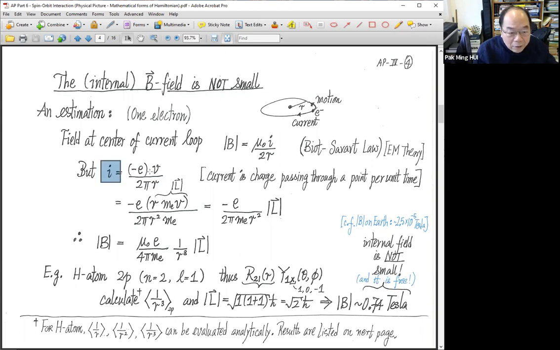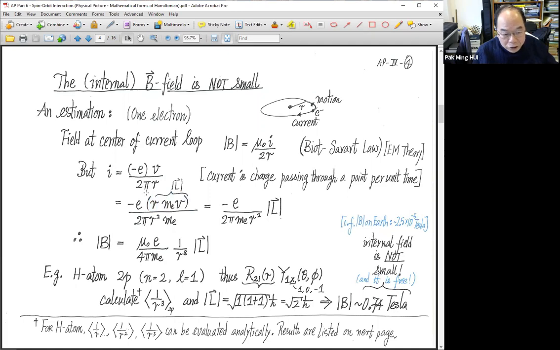Okay? We multiply by r divided by r, so r squared over r is 1, nothing. Multiply by the mass of the electron divided by the mass of the electron is 1, nothing. Okay, but we are very good at doing that. Now, you see a combination, which is the radius times the linear momentum, okay?